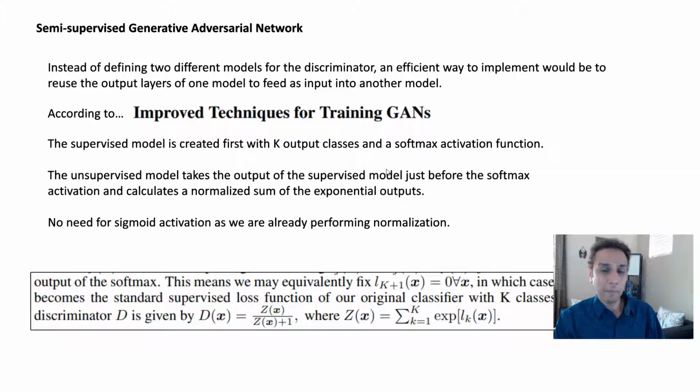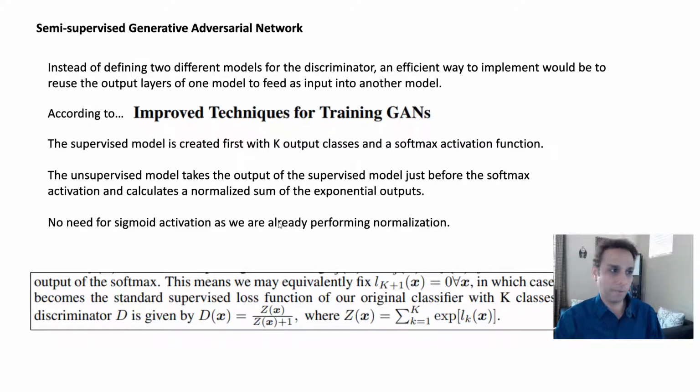And remember, in our binary classifier, is it fake or real? We have a sigmoid activation function in our typical standard GAN. Here we do not need the sigmoid activation because this itself is like an activation. This is normalized. Why do you use sigmoid? To bring your output to between 0 and 1 and convert that into some sort of a probability, right?